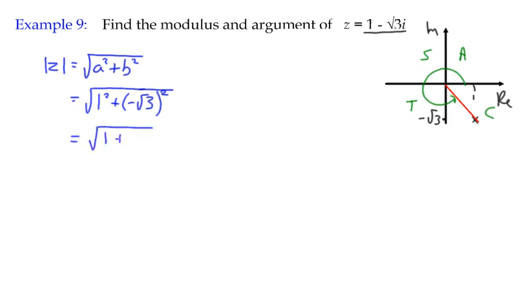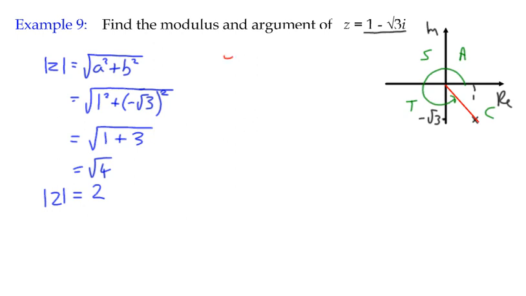So it becomes 1 plus, watch this one, negative root 3 times negative root 3 is positive 3. So we've got the square root of 4, which means our modulus is 2. Always positive, although root 4 is usually plus or minus 2, the modulus cannot be negative because it represents a positive distance from the origin.